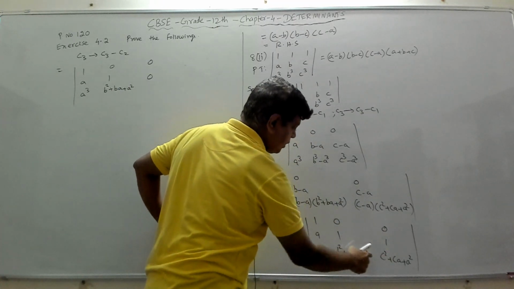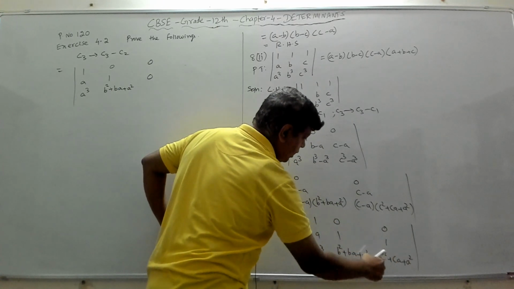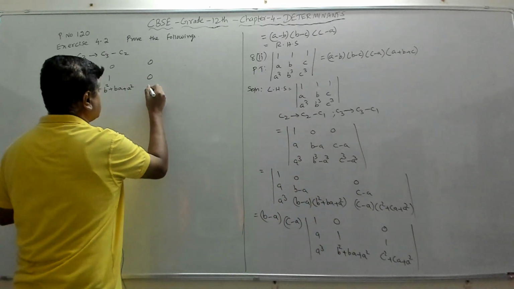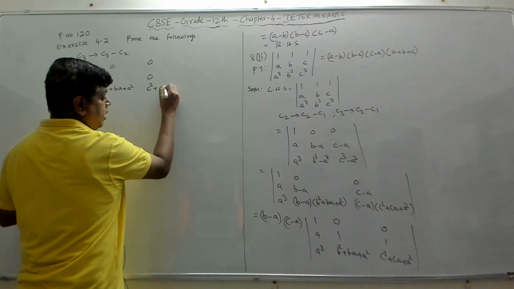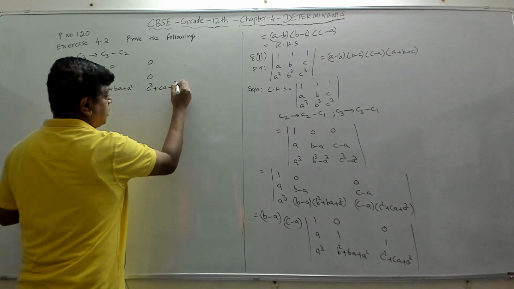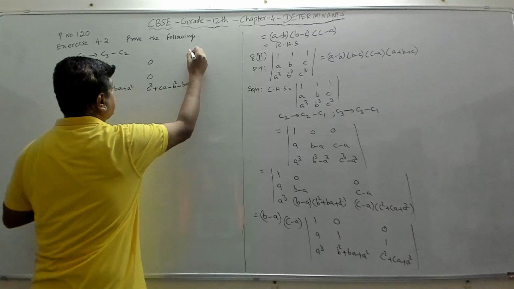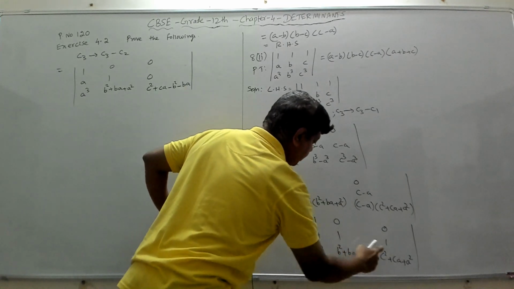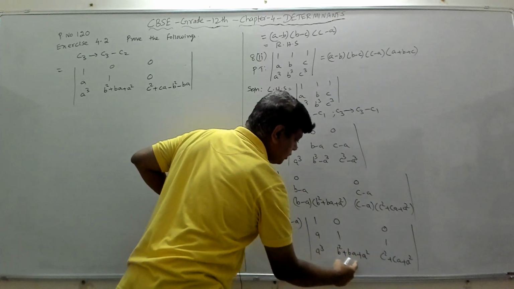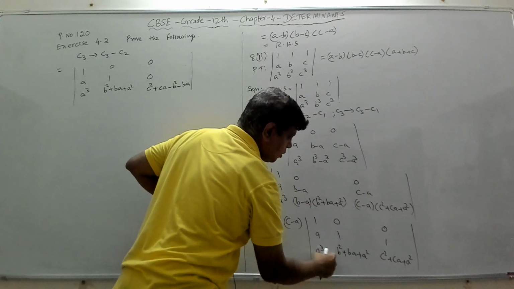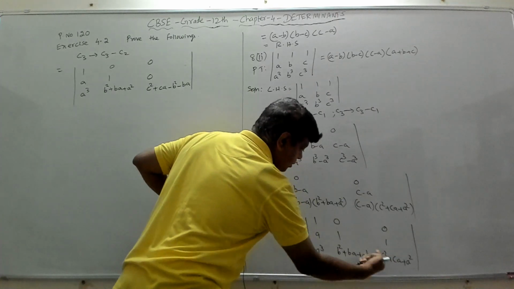If you do this minus this, then your A square will get cancelled. You will get C square plus CA minus B square minus BA. This is A square, this will become minus A square. They will get cancelled because you are subtracting this minus this.